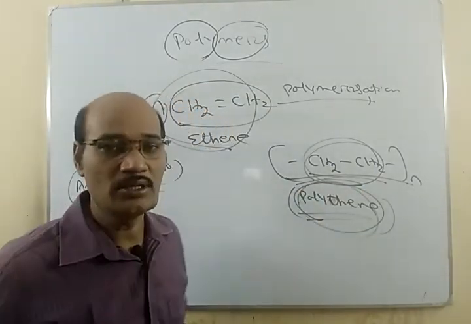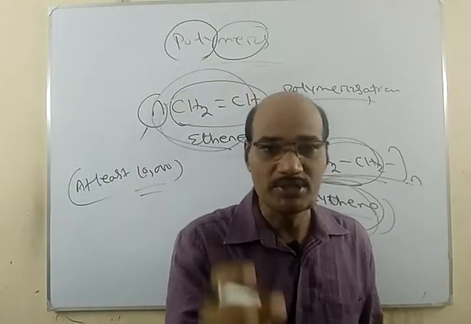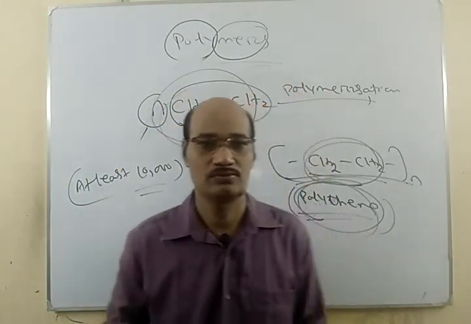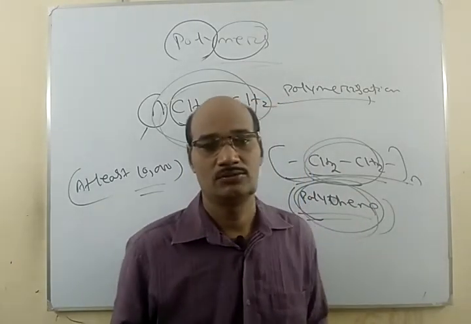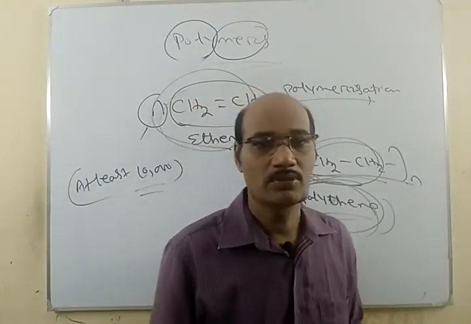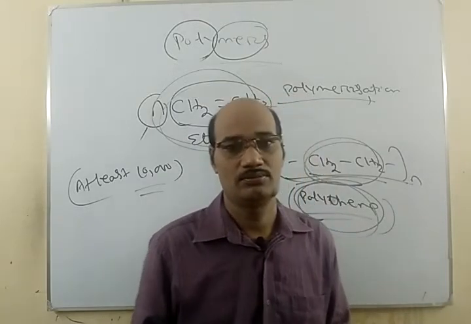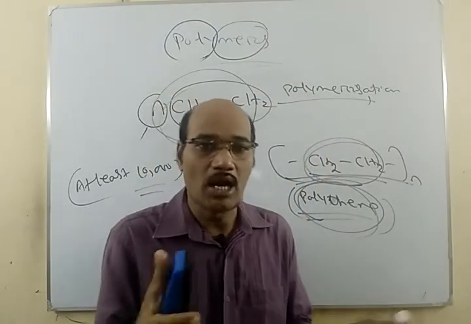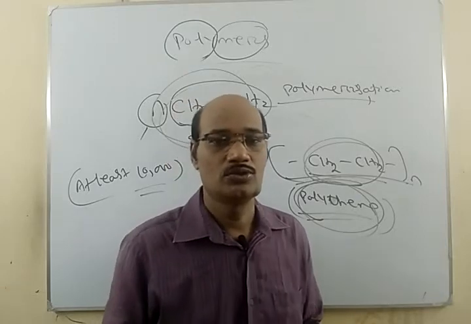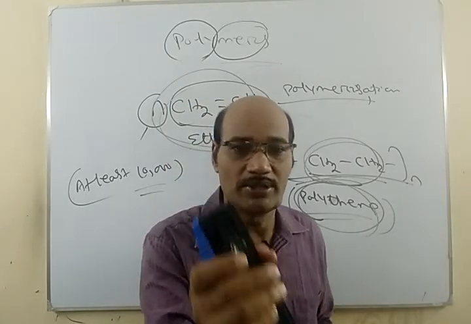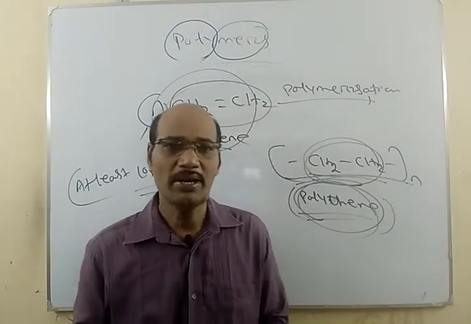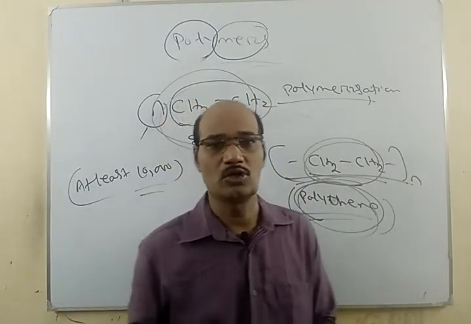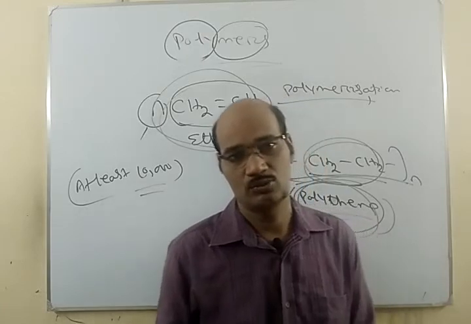So what is a polymer? A polymer is a big giant molecule of high molecular weight, which is formed by the combination of a large number of small molecules by a process called polymerization.